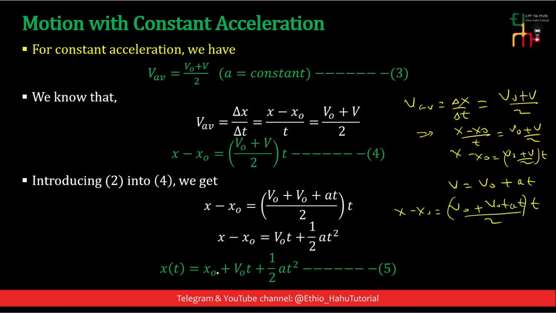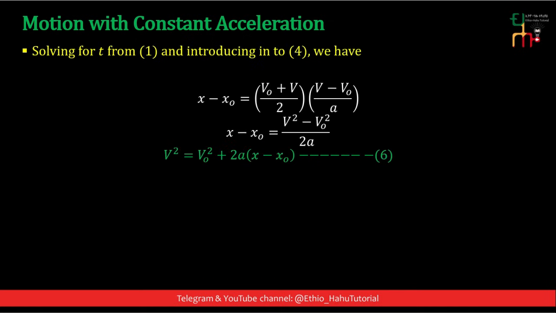Rearranging this, we have the equation x of t is equal to x0 plus v0 times t plus 1 over 2 at square, where x0 is the initial position, v0 is the initial velocity, and a is the acceleration.